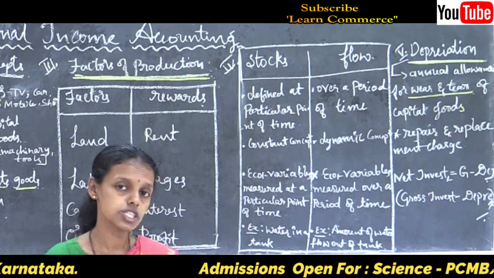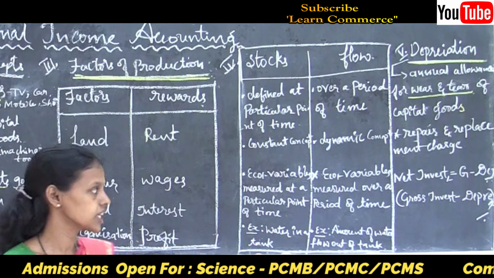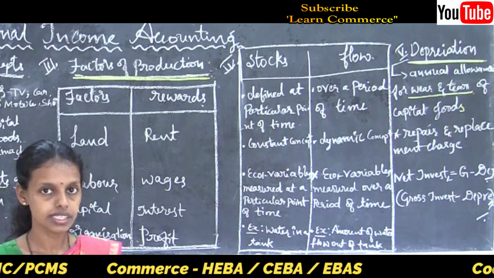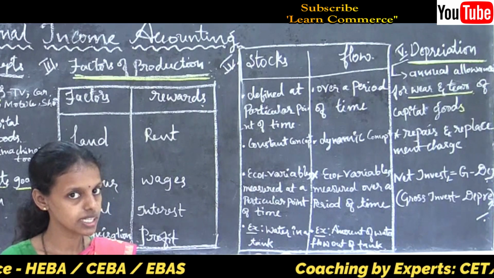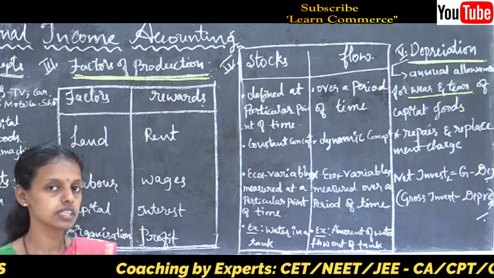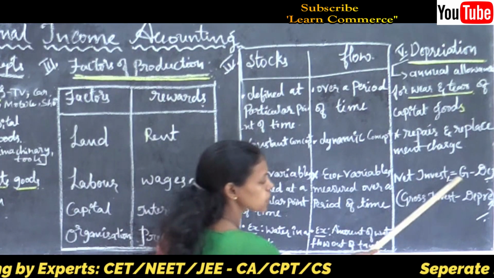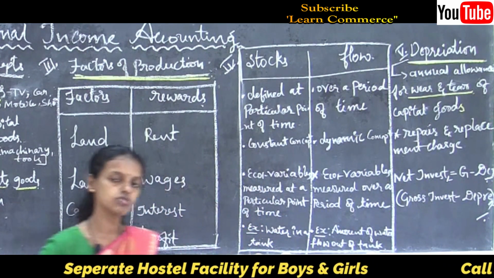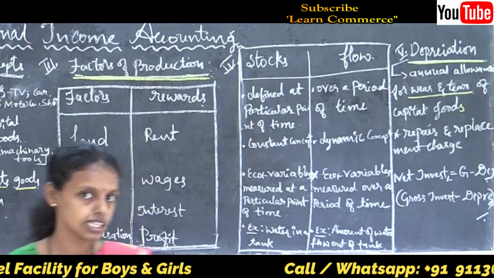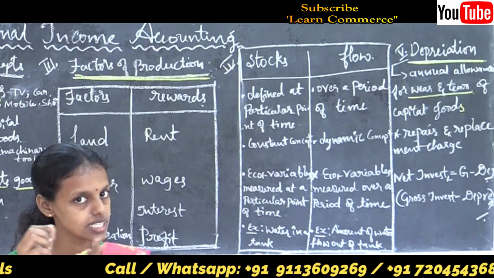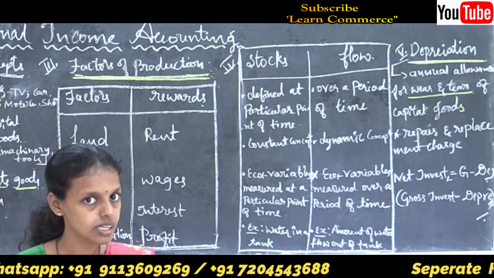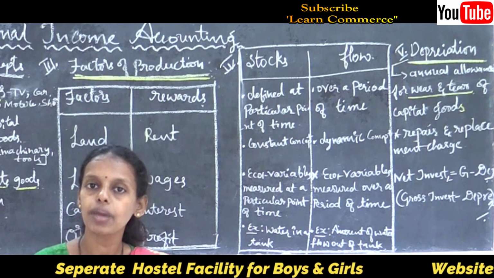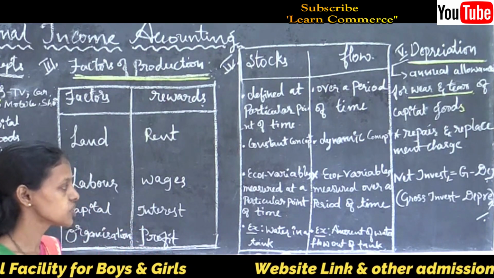So net investment, for example, I said net investment is a flow, investing money is a flow. Net investment is equal to gross investment minus depreciation, G minus D. In total investment, we are going to deduct the repair charges or depreciation charges.